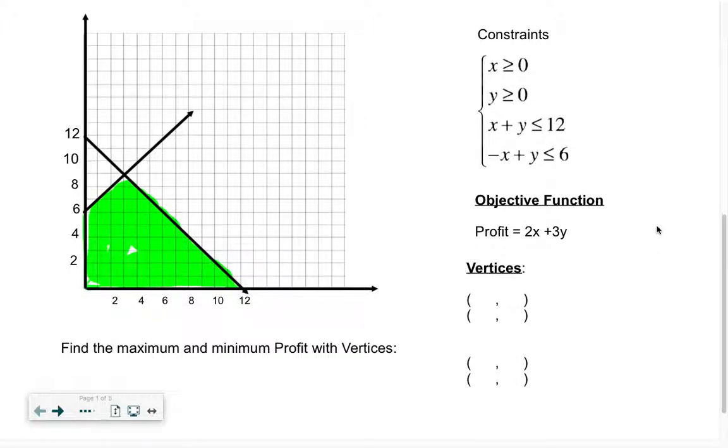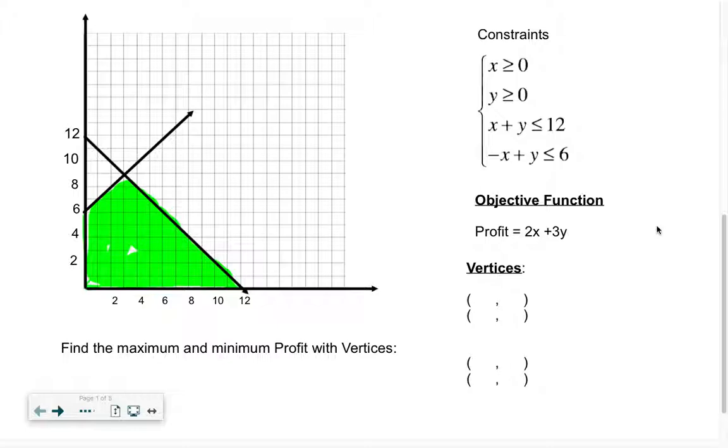All right, so we have a couple constraints. We have x is greater than or equal to 0 and y is greater than or equal to 0. So we want to be to the right of our origin and above our origin, okay? That one's a pretty simple one. Feel like we're good there. Our next constraint, x plus y is less than or equal to 12.